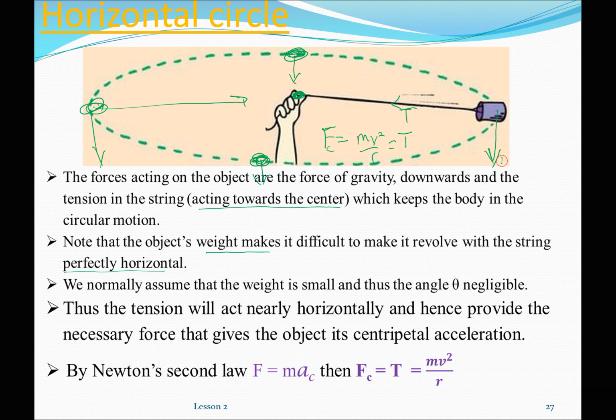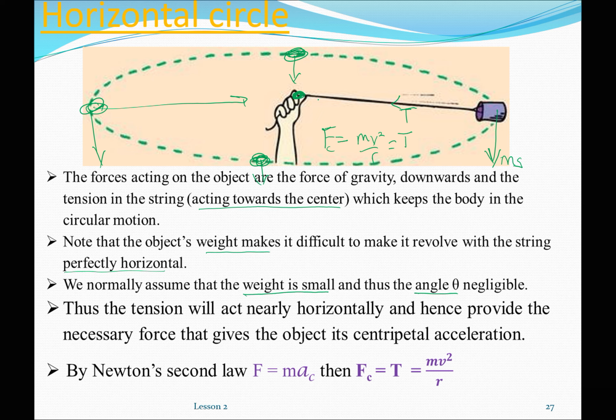Because the object has some weight mg, the string may not be perfectly horizontal, but because the angle is very small, it is normally negligible. So we normally assume that the weight is small, and the angle of depression, which prevents the string from being perfectly horizontal, is small and negligible.